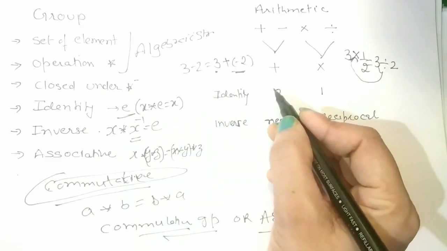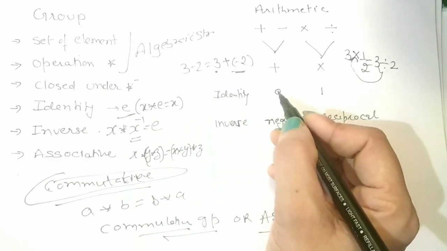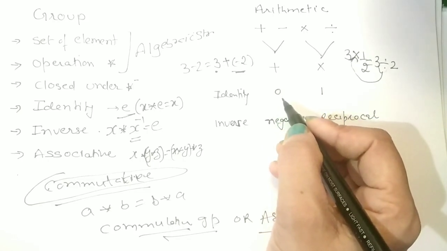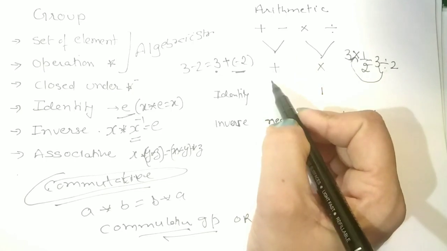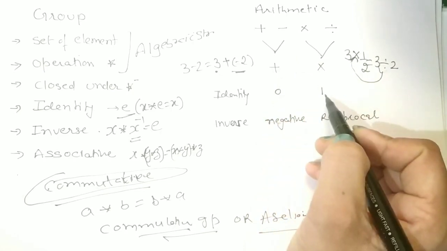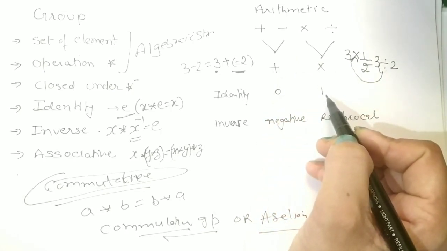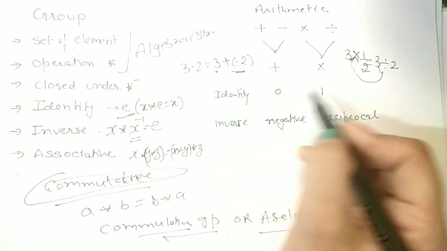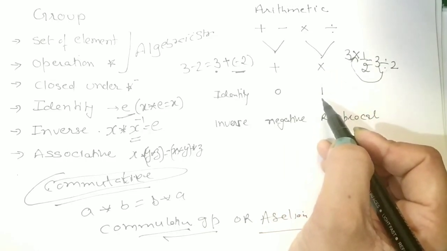That means 0 is such an element, we can add this to any number, the answer does not change. So 0 does not affect any of the elements under addition. Similarly in multiplication, if we multiply any element by 1, the answer is the same. That means for addition we have 0 as identity, and for multiplication the identity element is 1.